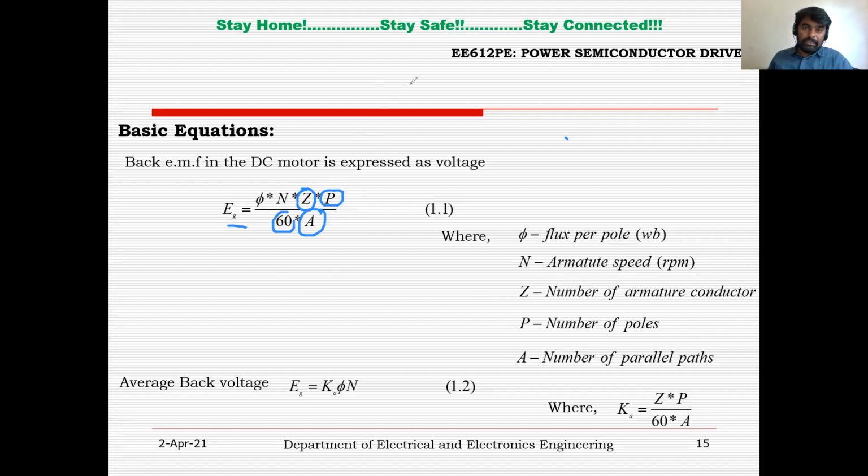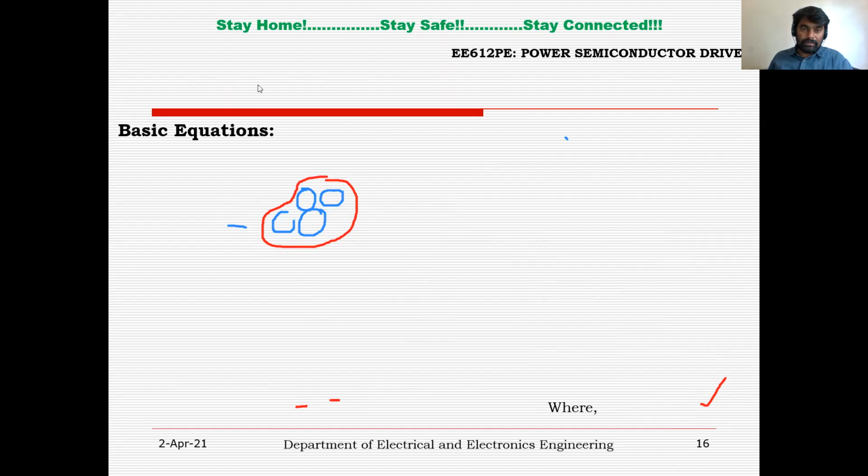So I am replacing this constant ZP divided by 60 with some Ka. We'll get some value, and so you can write Eg equal to Ka into phi into N, where Ka is the constant value. So this is the back EMF induced in the DC motor armature terminal.